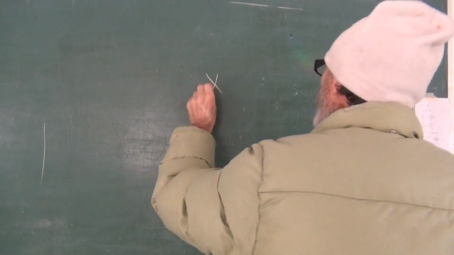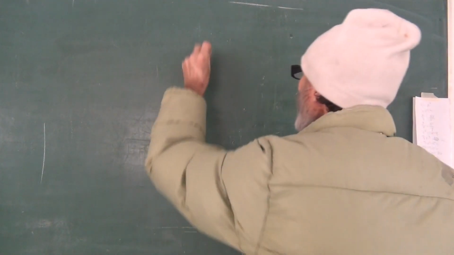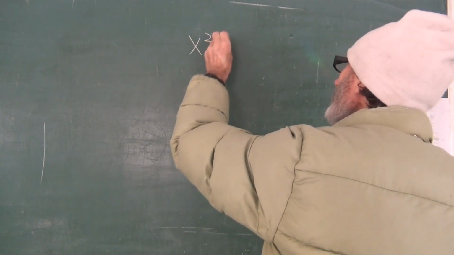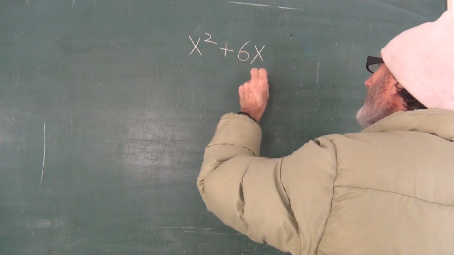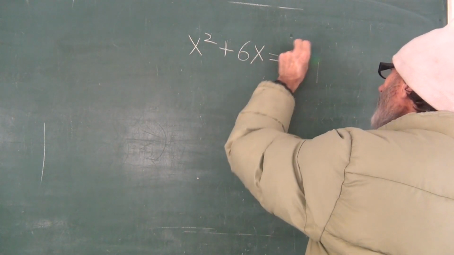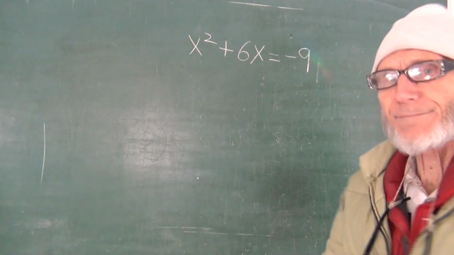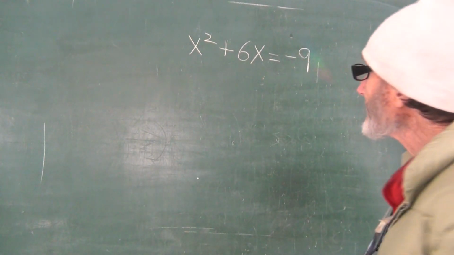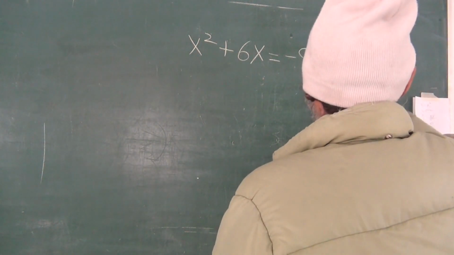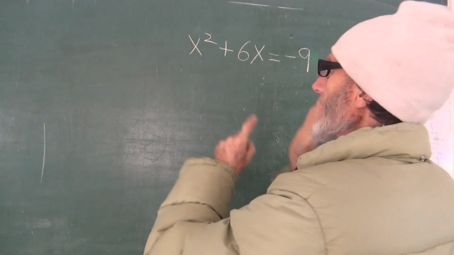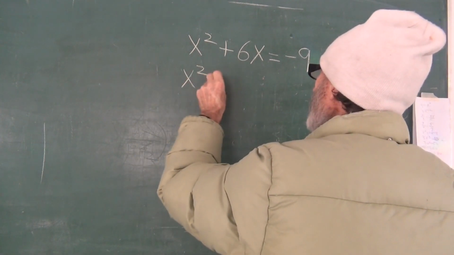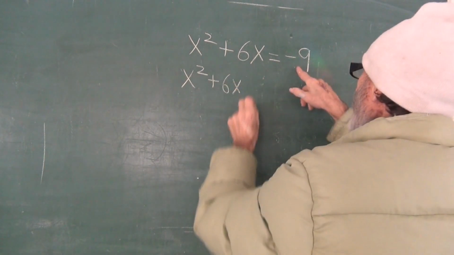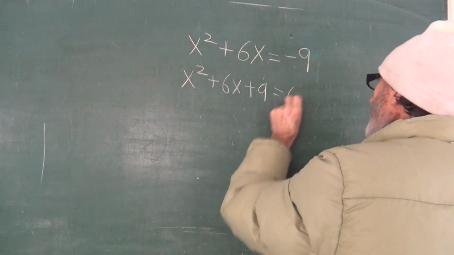Okay, next problem here. How about, oh yeah, a classic. X squared plus 6x equals negative 9. Go. Now, if you don't recognize this as familiar, just put them all on one side. And then right away you'll say, oh yeah, I've done that. X squared plus 6x plus 9 equals 0.